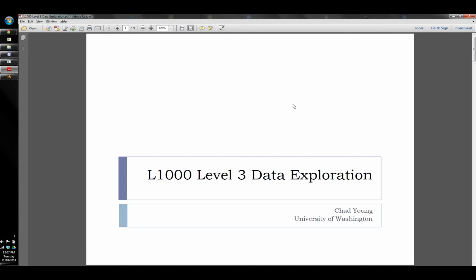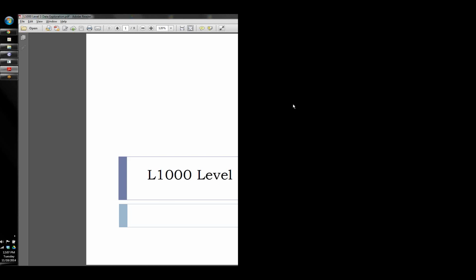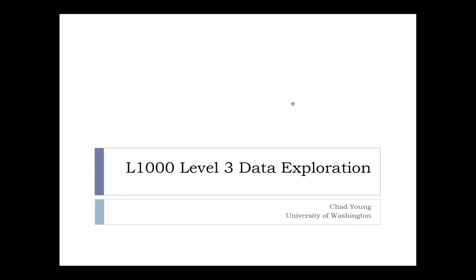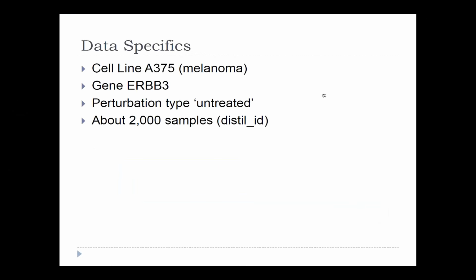But yeah, Mario just asked me to do a quick presentation on some of the things I've been doing. This is kind of just exploring the data. We're looking at the level 3 data, and one of the things I wanted to do is come up with some kind of baseline that we can use to compare the different experiments against.